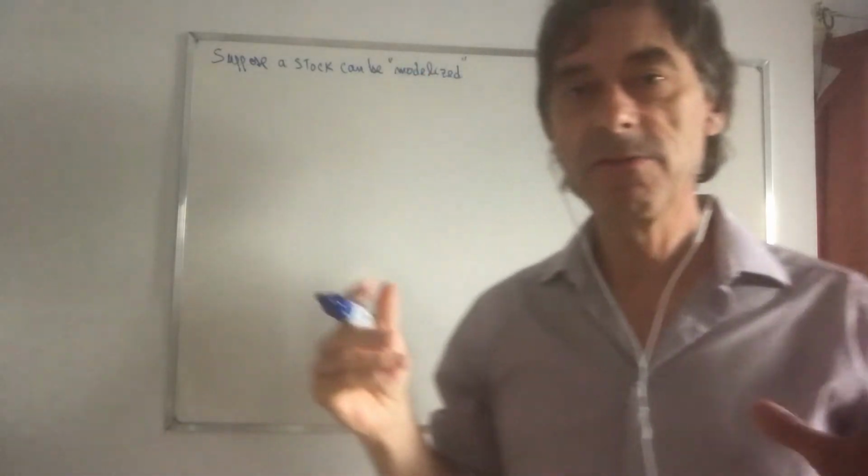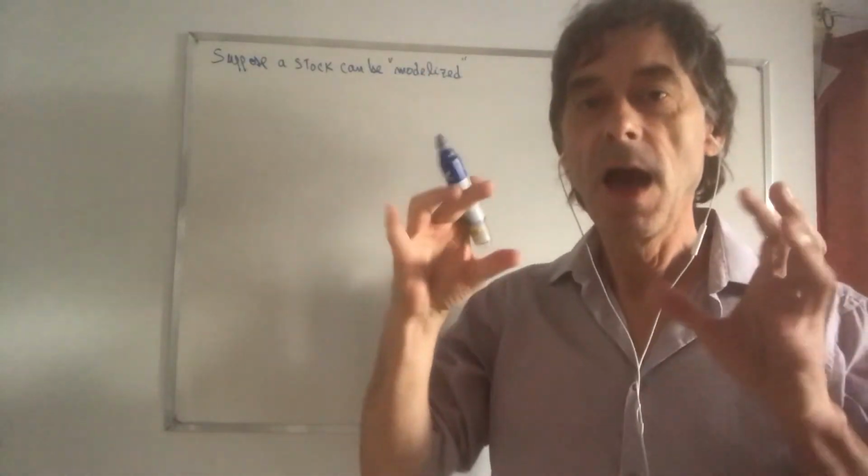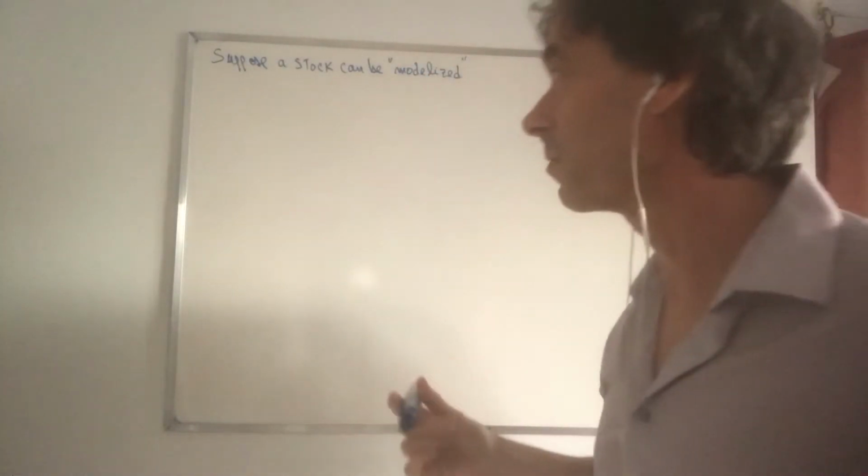And for that, I have selected something that some of us like to do, which is to play the stock market. Suppose a stock from the New York Stock Exchange can be modelized. Modelized means I have a mathematical function that tells me how the stock grows and decays over time.